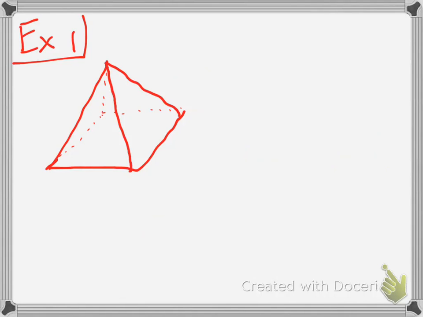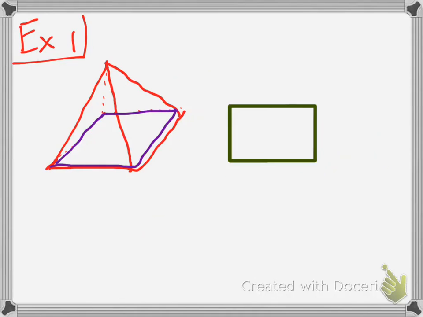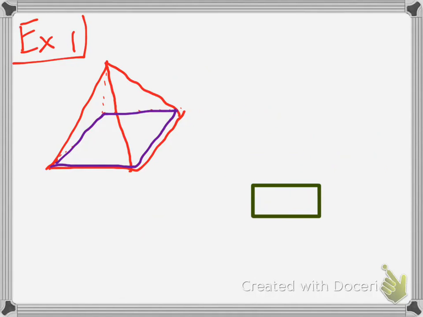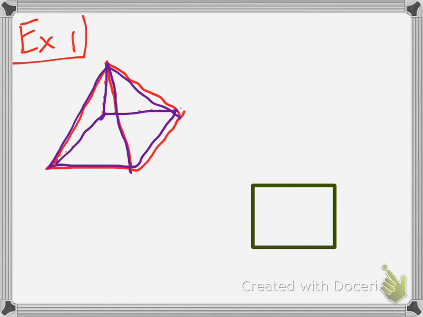Now, the most common net is, a lot of people like to start off with the base, which is a square. So I'm going to draw a square here, and then from the base they'll look at how many triangles do I have? Well, in the square base pyramid I should have 4 triangles.